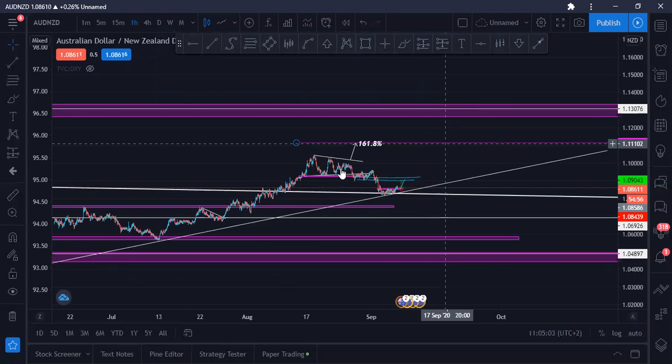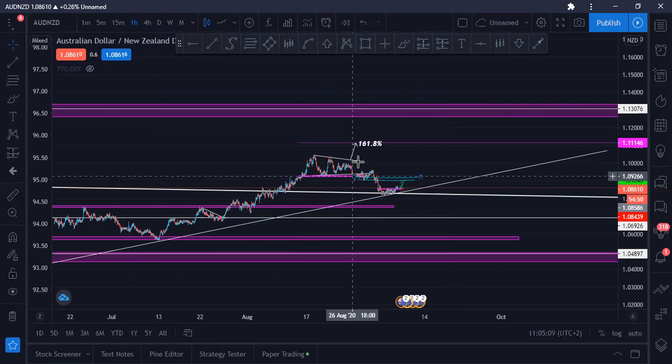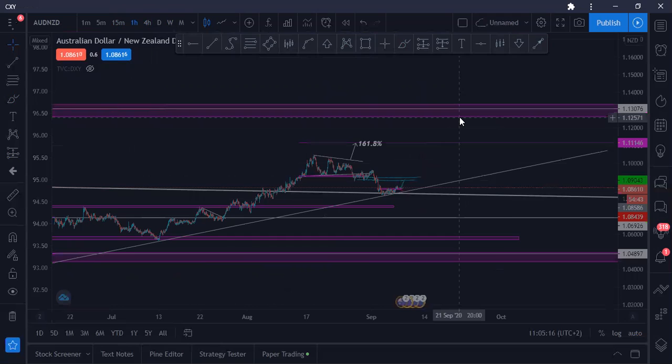I was looking at this pattern, expecting it to push to the upside. It didn't, it came to the downside, but this could probably be that extension that takes us to the upside. So guys, that is the majority of the AUD pairs. Let's see what else we have here.